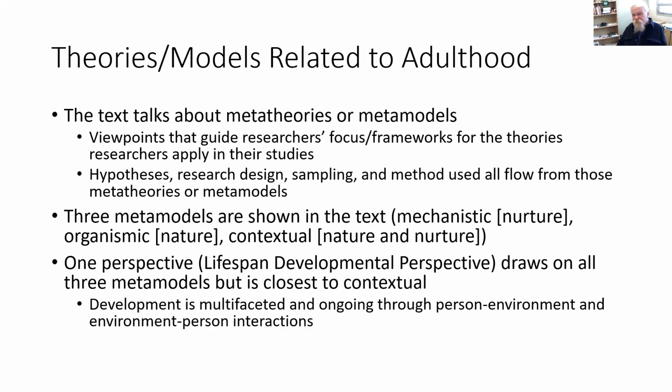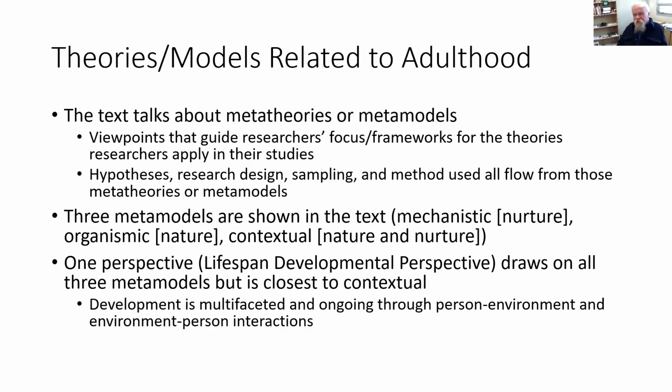And so this would be more of what an individual brings to the table in terms of nature, okay? So their genetics and their kind of internal psychology, okay? The third meta model is called contextual, and that kind of combines both the individual and the environment and kind of the interaction between the two. And so that is kind of nature and nurture mixed in a study.